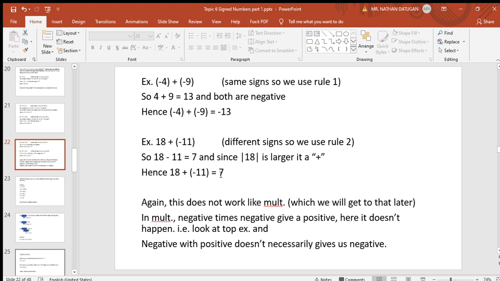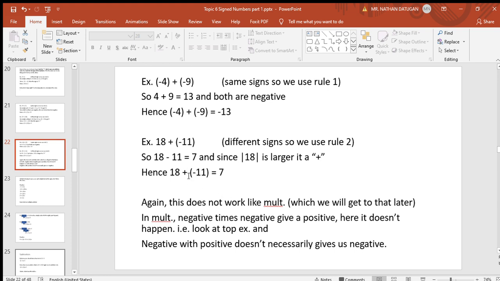Again, this does not work like multiplication, which we will talk about later. In multiplication, negative times negative gives you positive. Here it doesn't happen. Look at the example above: we got negative 13. Negative with negative doesn't give us positive.